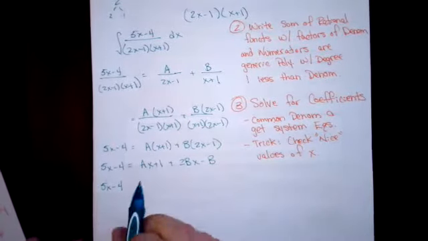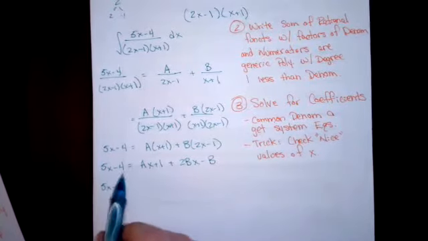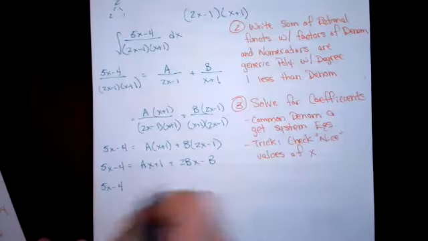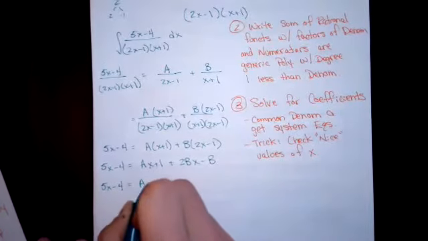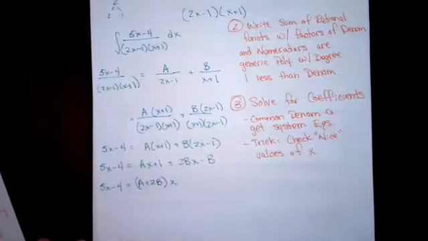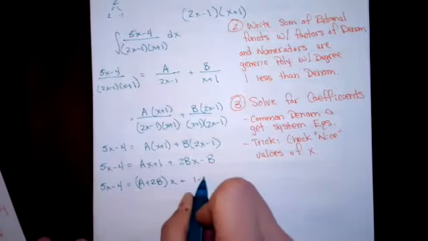So write it as like a polynomial. On the left, we have something times x minus a constant. So we have ax plus 2bx is going to be a plus 2b is the coefficient for x, and our constant term is 1 minus b.